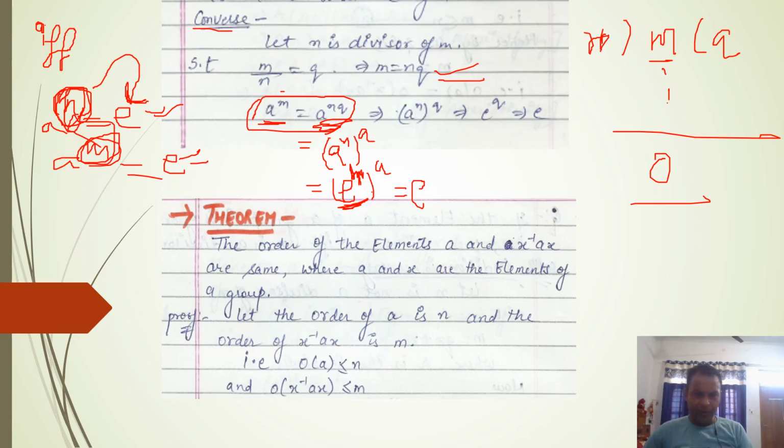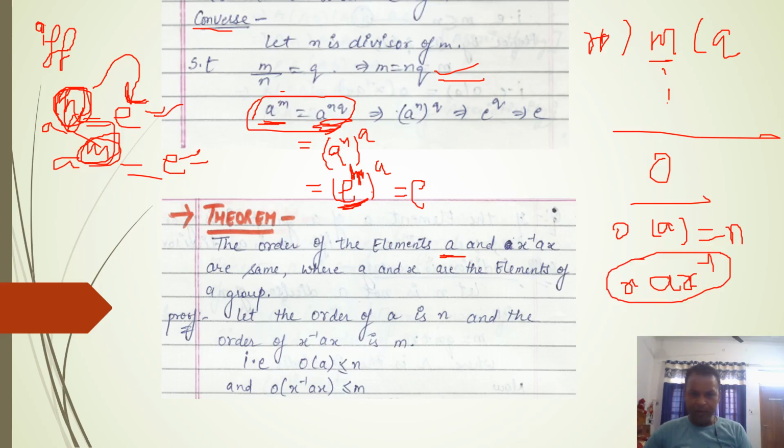In this next theorem, we will prove that, for a single element A, if the order of this element is equal to n, and you multiply this element A by another element x and its inverse, you can multiply from right as well as from left, it is of your choice.